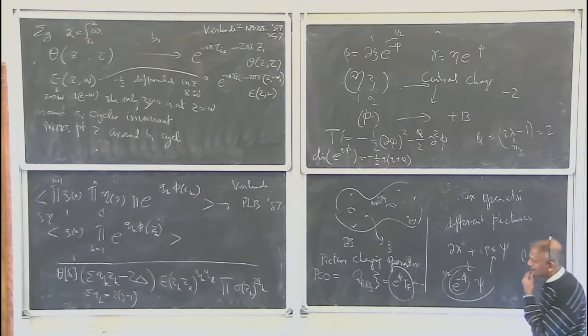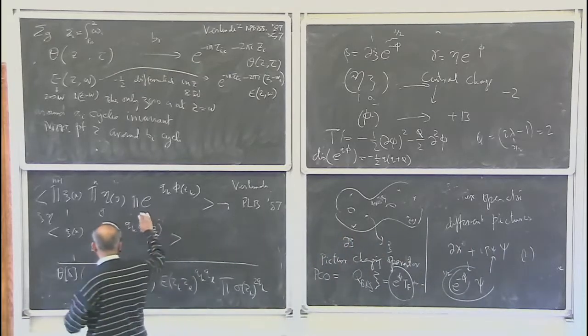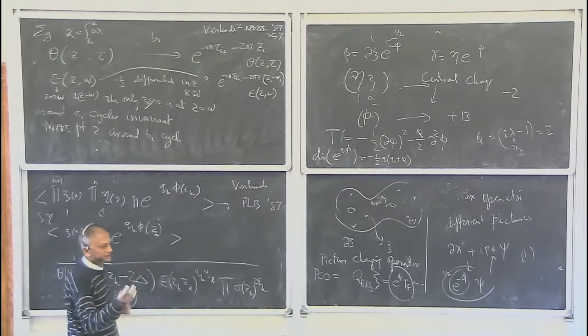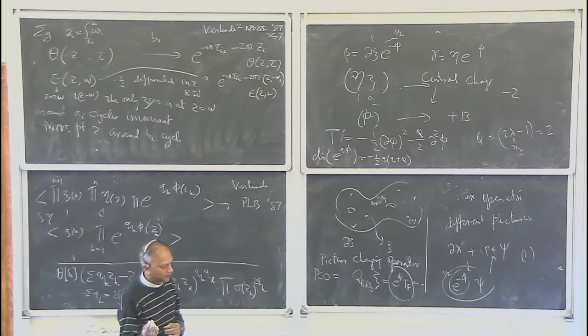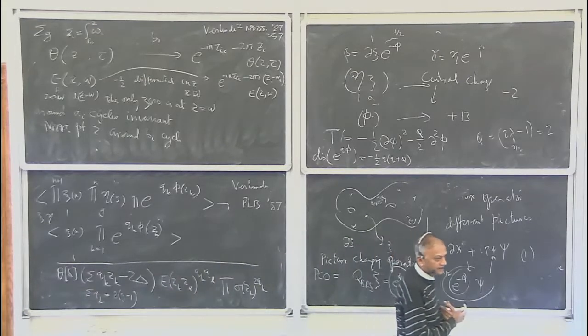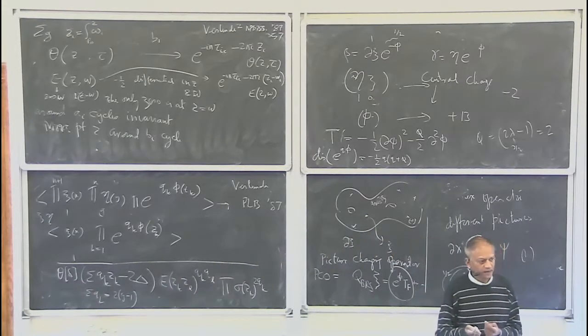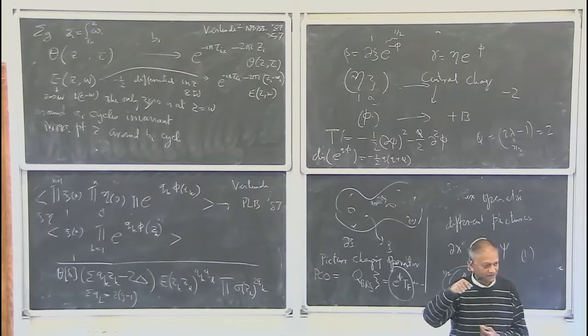So what they're doing is not really using that. They actually get the answer in the beta gamma system directly. Okay. So the beta gamma system is very complicated, because beta gamma are commuting systems, right? So when you have zero modes of beta, it's not that you insert beta. You should insert a delta function, right?